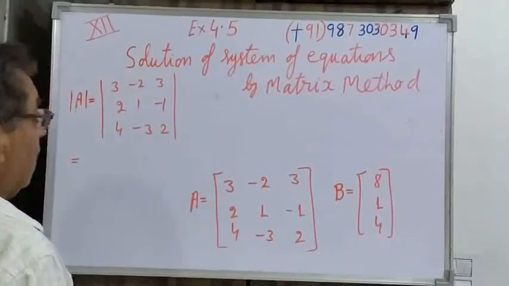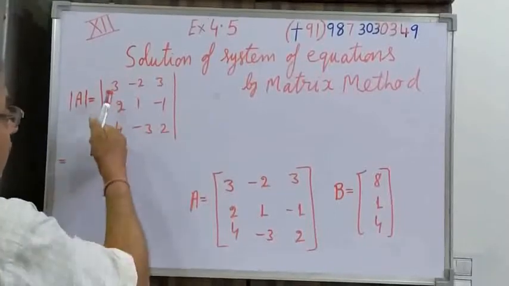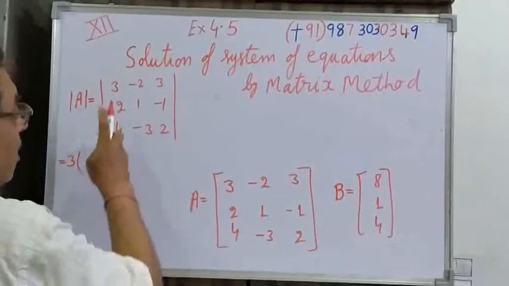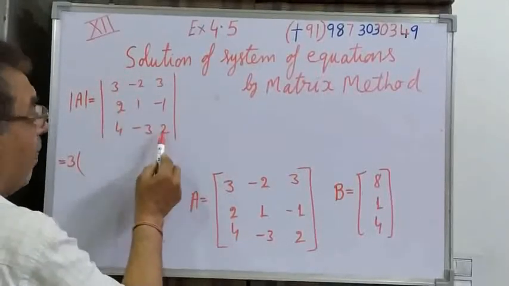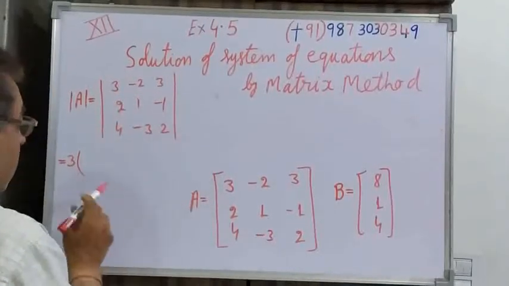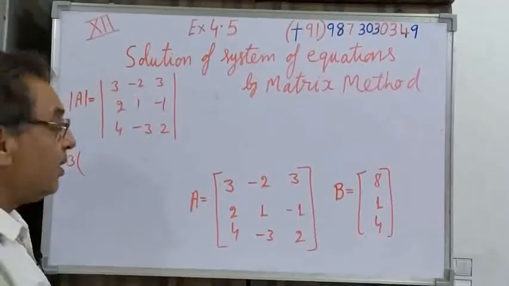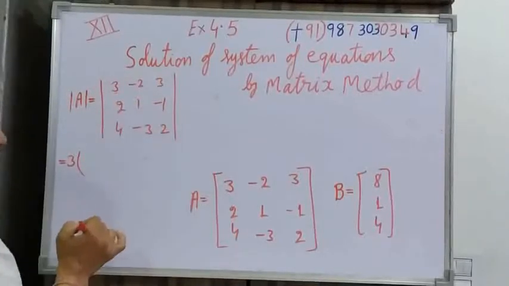Find its value. How is the value found? Evaluate this determinant. First of all, write down the 3, and in the bracket, hide this row and this column: 1 times 2 is 2, and minus 3 times minus 1 is 3. So 3 is written as such. Then hide the row and column in which the 3 lies.